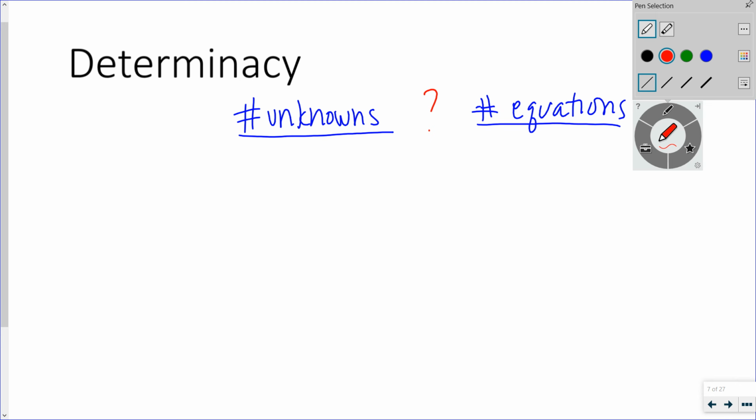How do those relate? That'll determine if I'm statically determinate or indeterminate.